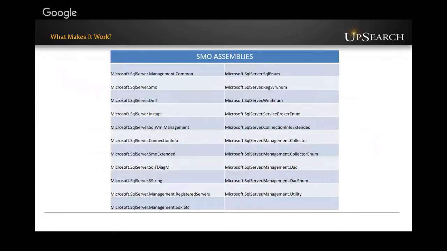I'm not expecting you guys to look at this, but these are all the different SMO assemblies that get loaded in when we start up the module, and this is everything that the PowerShell components run with. So, that's the core of the functionality. This is the base of stuff that we need to start using PowerShell with SQL Server.